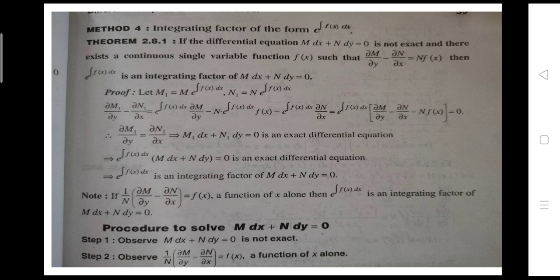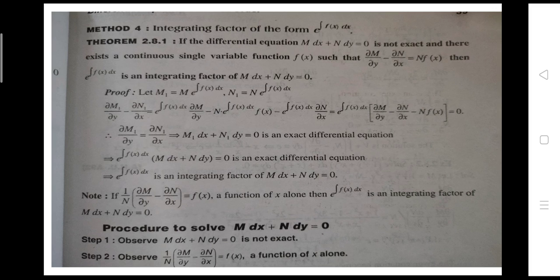So what is given? If M dx plus N dy is not exact and there exists such a function f of x, then e power integral f of x dx is an integrating factor. Now prove.